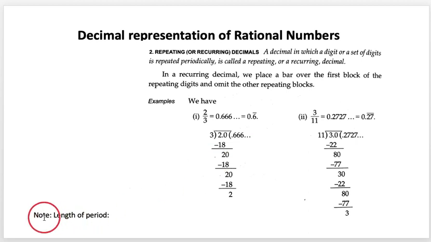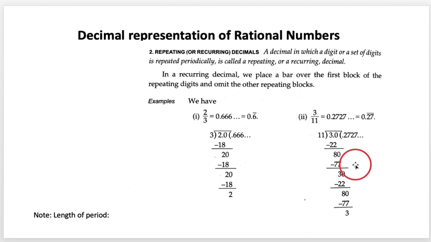Fine. Now one more thing here, note that there is the length of period. If your teacher asks you what is the length of the period, then in this case the length of period is 1. And in this case 2. What is that length of period?